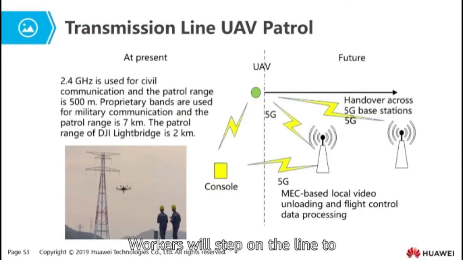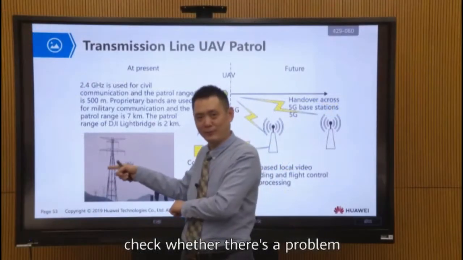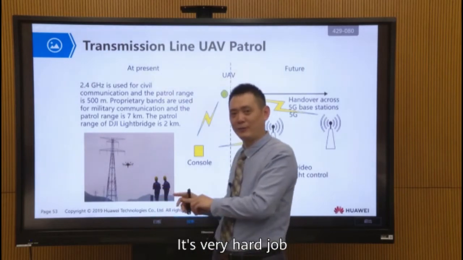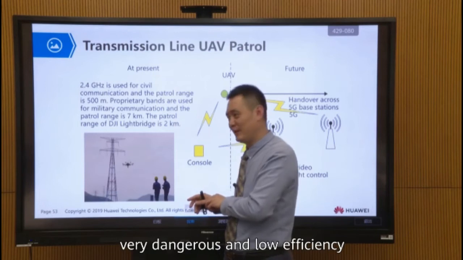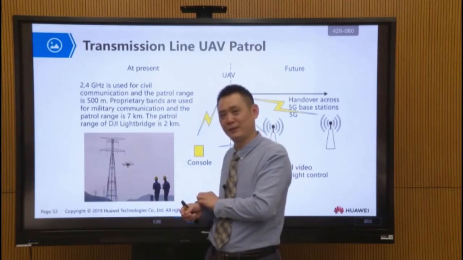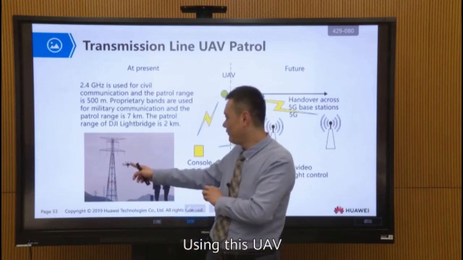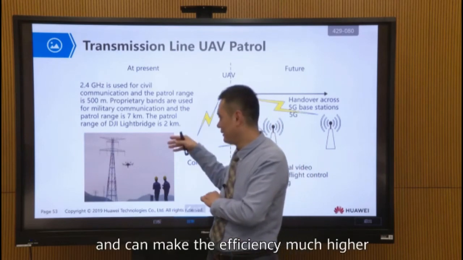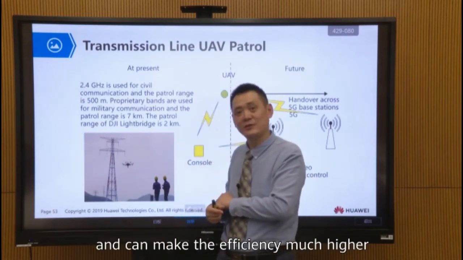Workers would step on the line to check whether there's a problem. It's a very hard job, very dangerous, and low efficiency. Using UAVs can save cost and make the efficiency much higher.